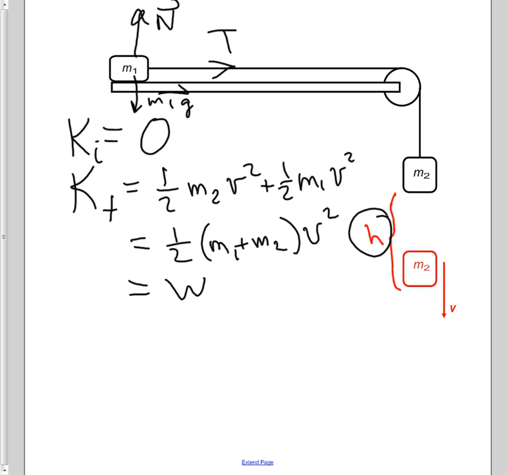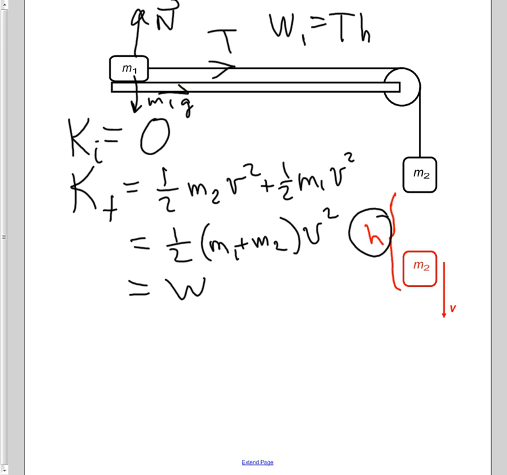Since M1 is moving horizontally, the weight and the normal force don't do any work, so you don't have to worry about them at all. The tension in the string does do work. Let's write that as W1. The work done on M1 by the tension is equal to T times the distance it moves, which is h.